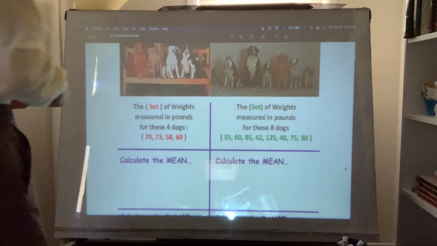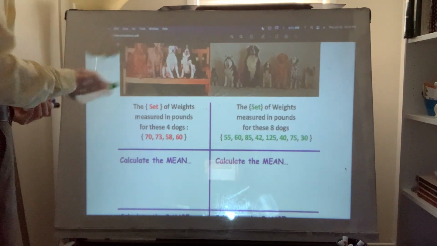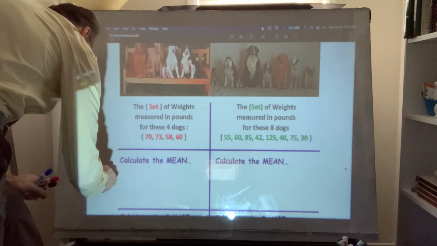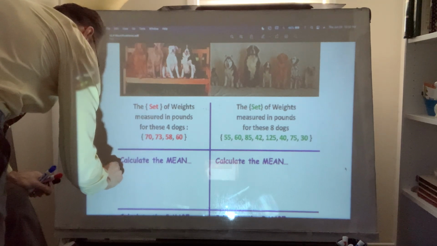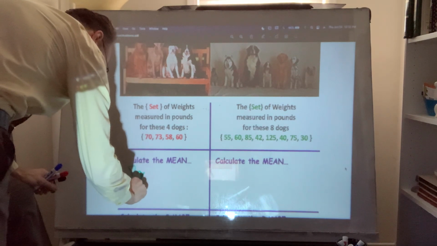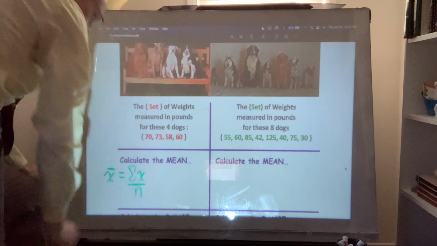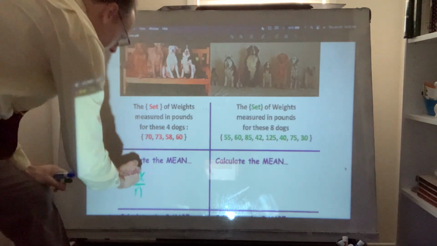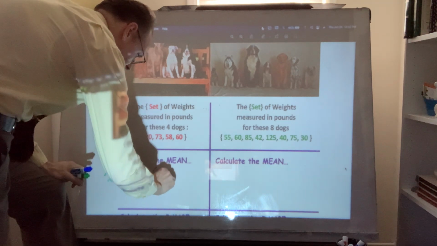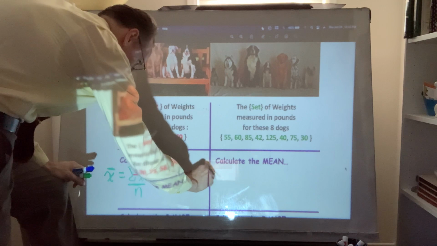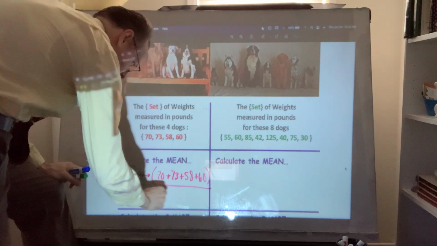So if you remember the formula, I'll put it in green because it's usually faint anyway. The average mean is the sum of the data divided by the number of data. So that means the sum would be 70 plus 73 plus 58 plus 60, and the number of dogs is 4.